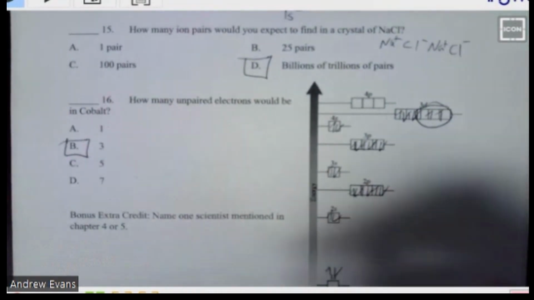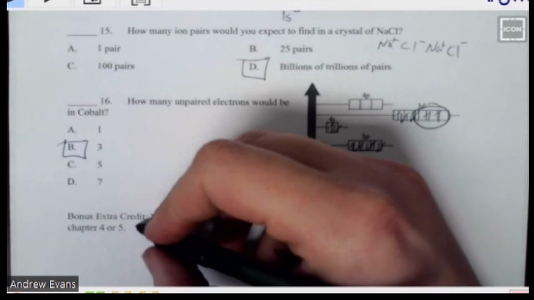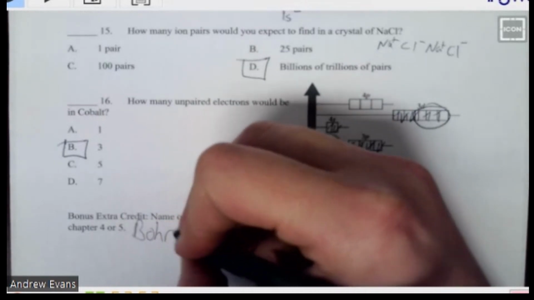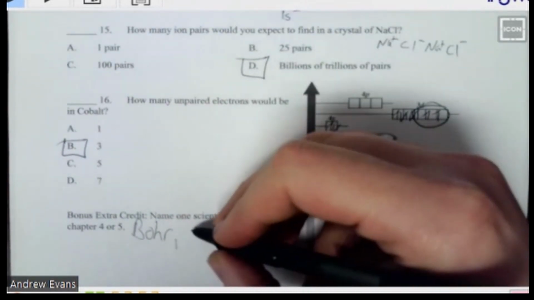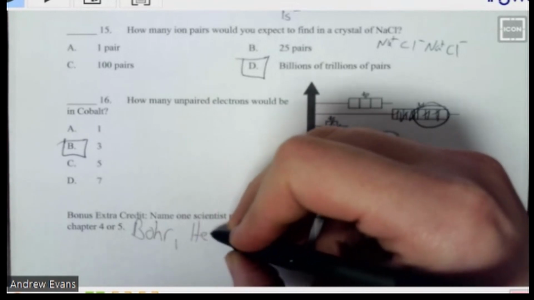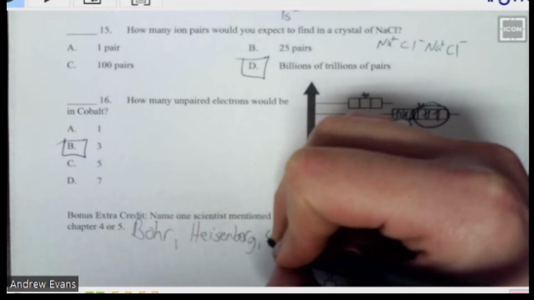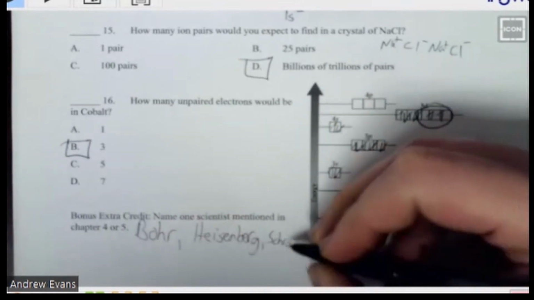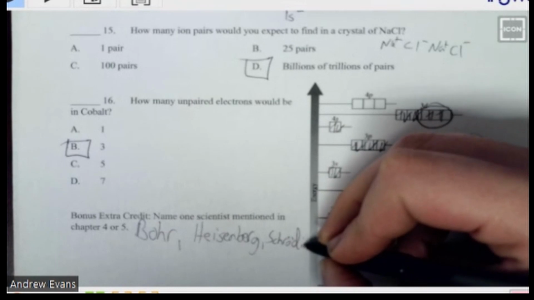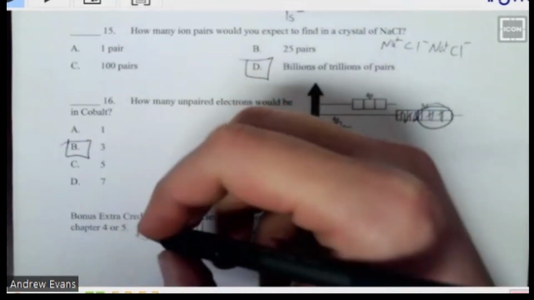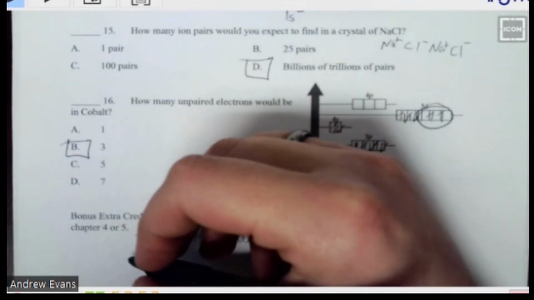Name a scientist. Any scientist. Well, everyone seemed to like Bohr for whatever reason. We had Heisenberg. We had Schrodinger. We had Slater.